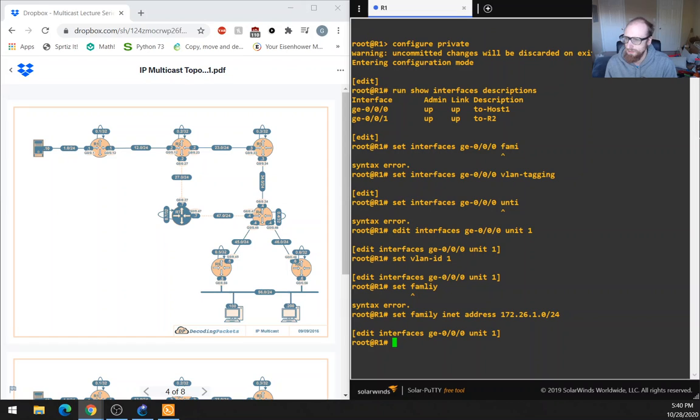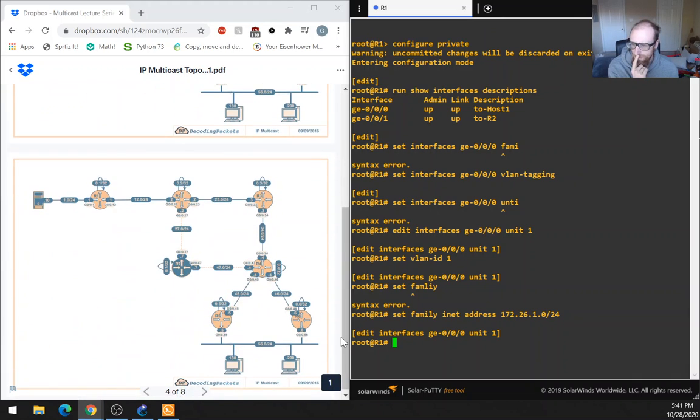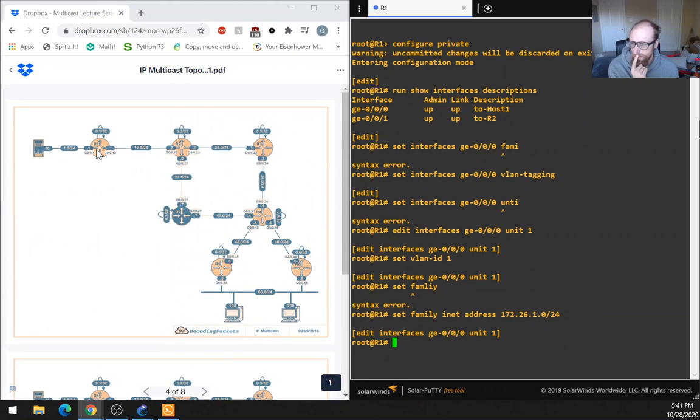Oh, this is interesting. How does that make any sense? Huh, it's interesting that these are all the same interface.